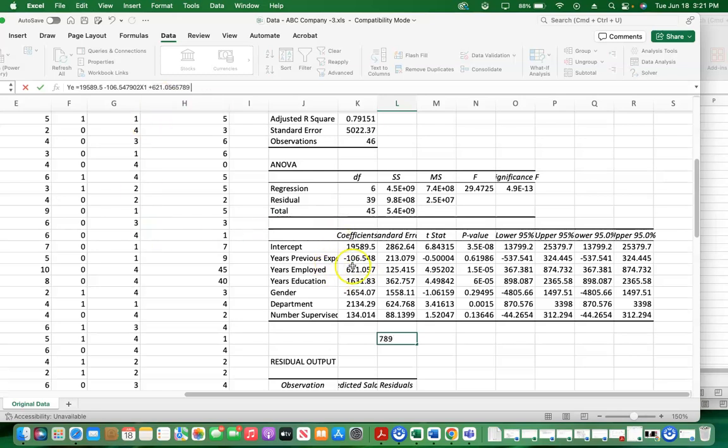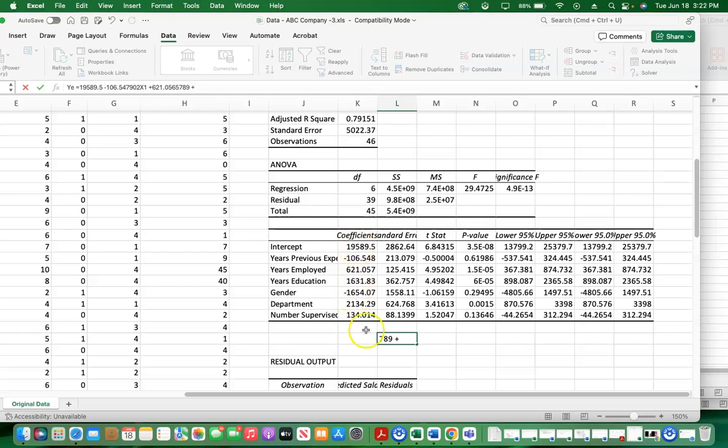Because years employed is positive, we can add this value. And we can add all of them up to the end. You can see gender is minus, and so we're going to minus this.